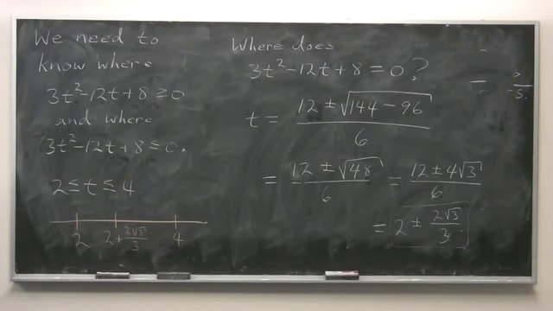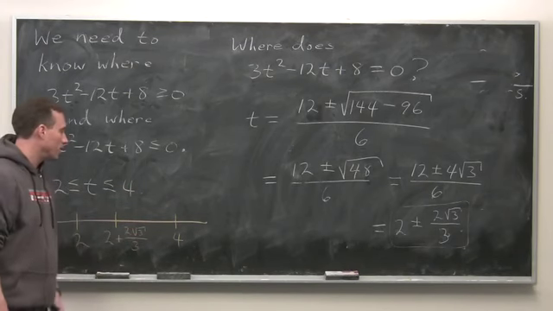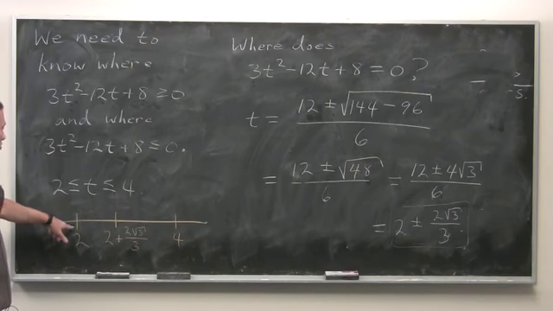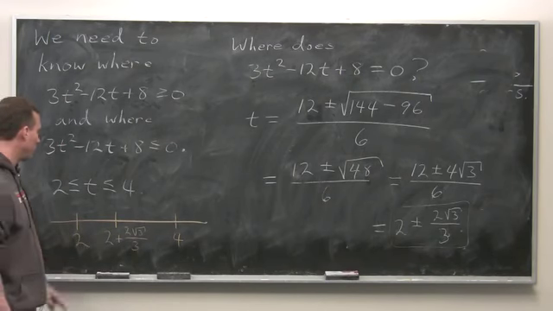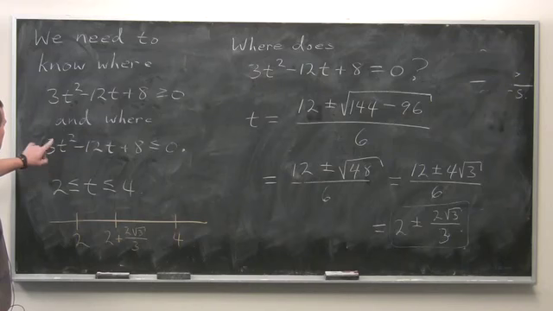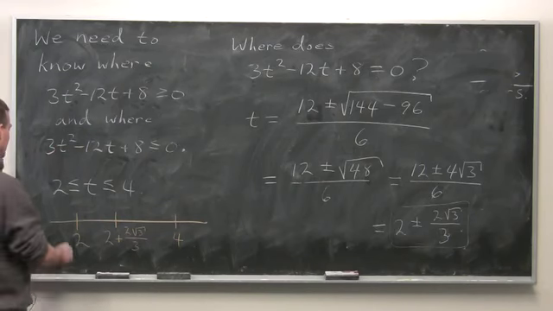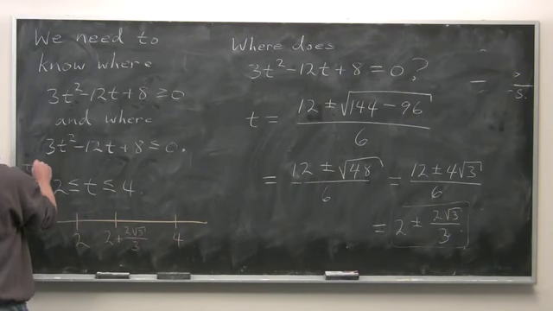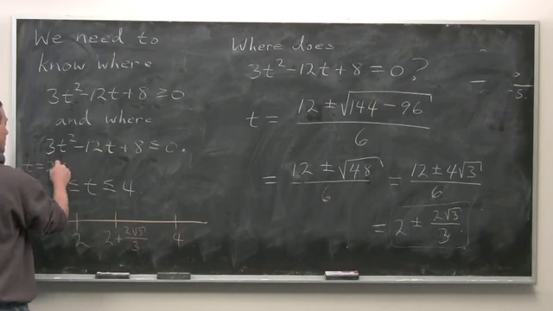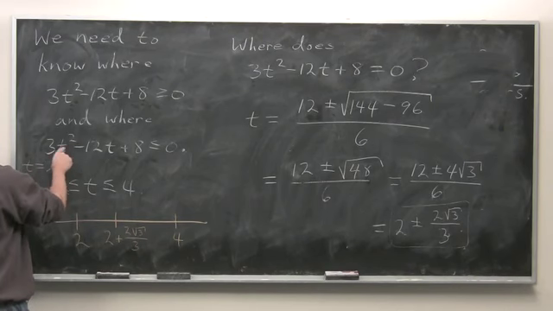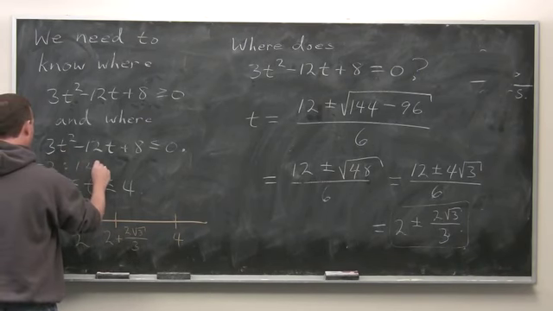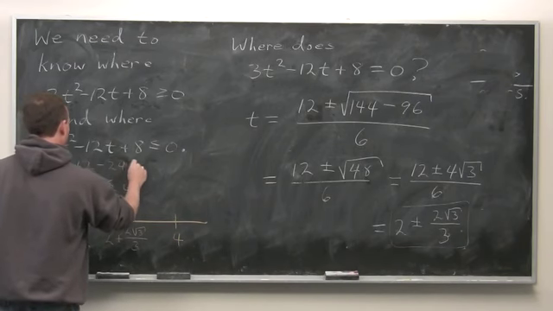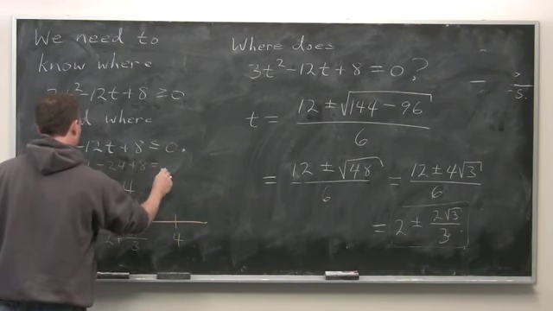You just check. These aren't points where this function's 0, so we can just check the value of this quantity at 2 and 4. At 2, so when t is 2, we get 3 times 4, so 12 minus 24 plus 8, that's minus 4.